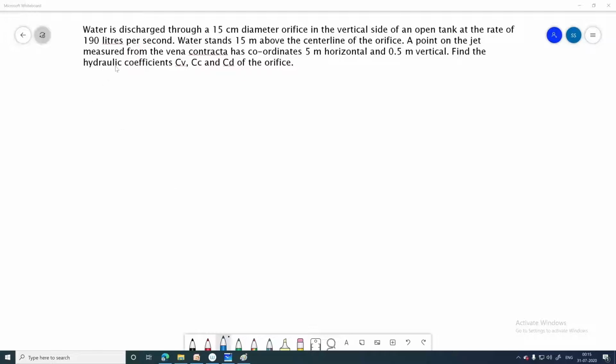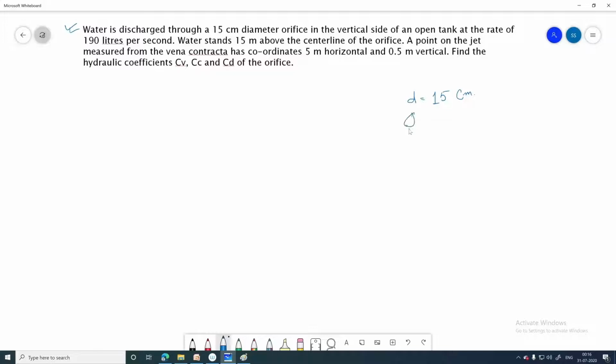So let's start. Water is discharged through a 15 centimeter diameter orifice. Likewise in the previous problem, here the diameter is 15 centimeter. This orifice is present in the vertical side of an open tank at the rate of 190 liters per second.